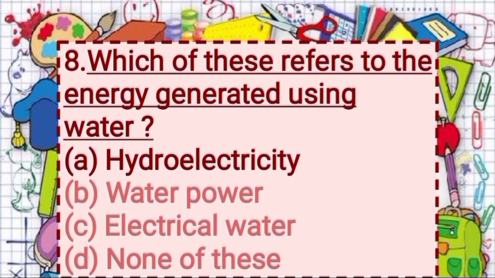And option D, none of these. So answer is option A, hydroelectricity, means hydroelectricity refers to the energy generated using water.